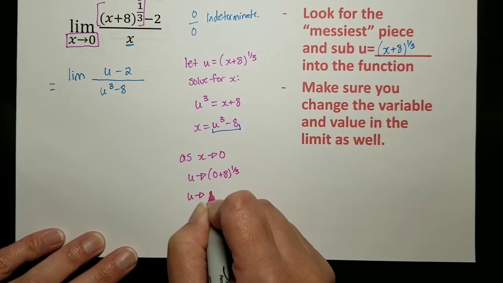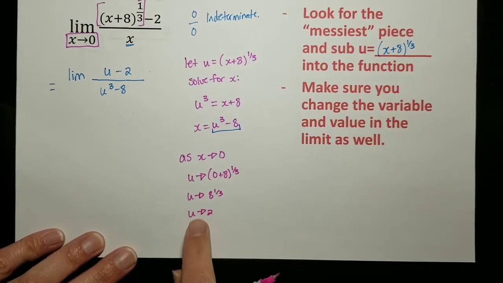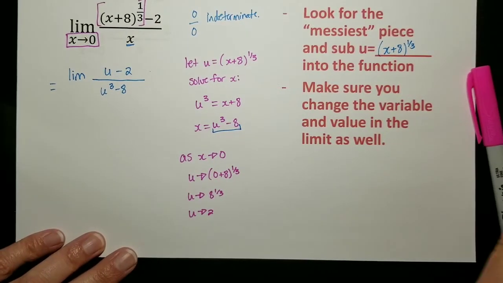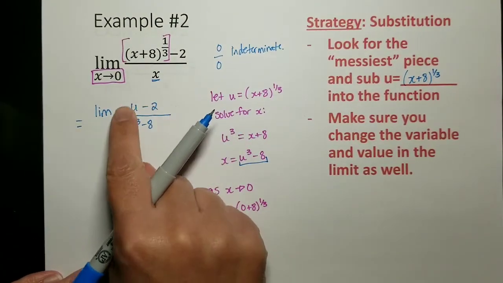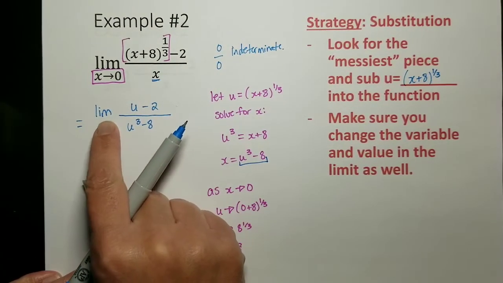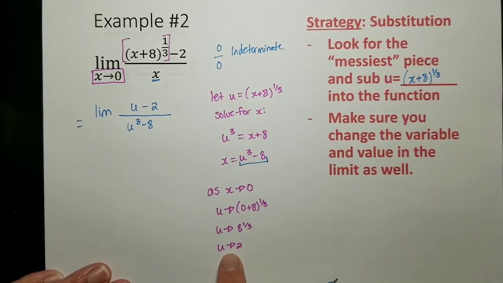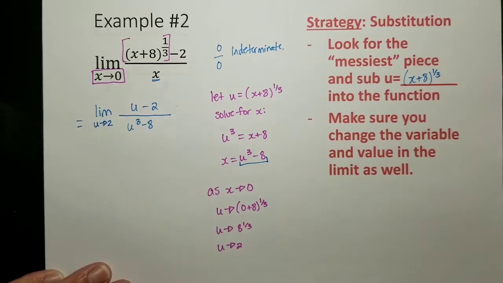U is approaching 8 to the 1/3, so u is approaching 2. Okay, so I'm going to have to sub back in as what my variable is approaching in my limit, because I can't have a limit of an expression with u's and say what's happening as x approaches 0. I have to figure out what my corresponding variable would be doing. So I'm going to say as u approaches 2.